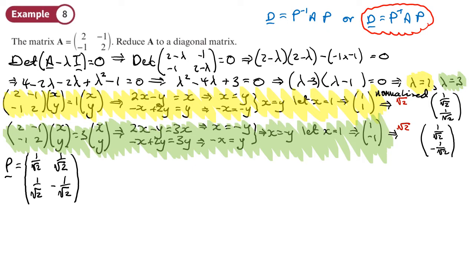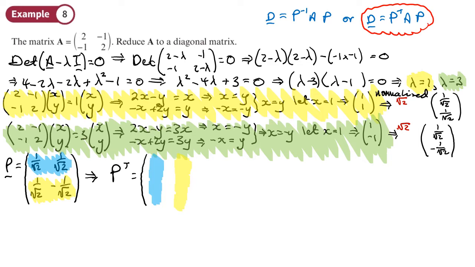The next step now is to find the transpose of P. So we just swap the rows and columns. Basically the first row becomes the first column, and the second row, let's use yellow again, becomes the second column.